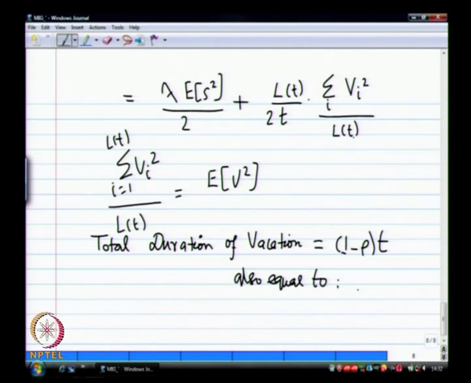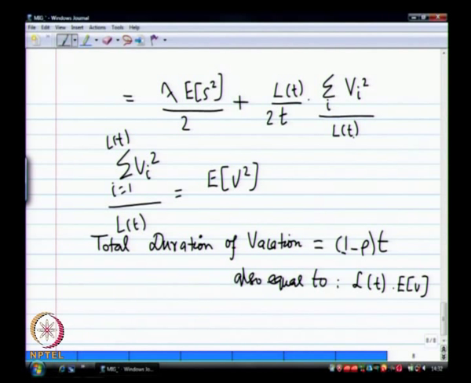It is also equal to something else: the number of vacations taken into the average time per vacation. So I can look at it both ways. It is simply that in the given interval it took 4 vacations, each vacation was of 10 minutes average, therefore the total average time taken.